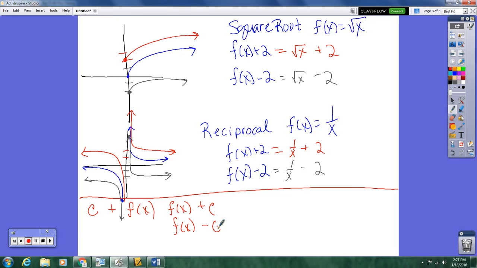It goes up or down, but we gotta use the vocabulary that we kinda used before when we had a horizontal shift. This is not a horizontal shift, what is it? It's a vertical shift. So this is a vertical shift of c units. And then the minus would be a what? Vertical shift down 2 units.